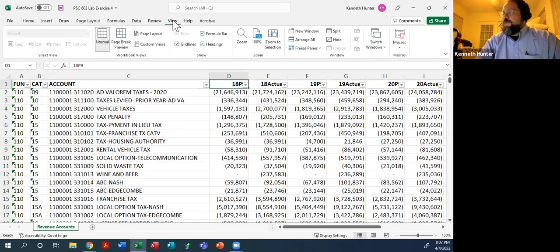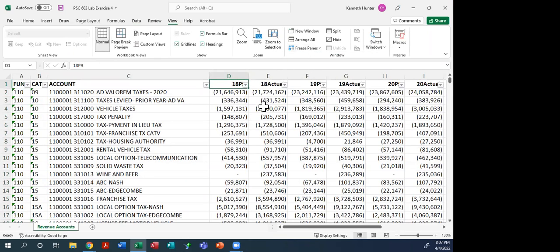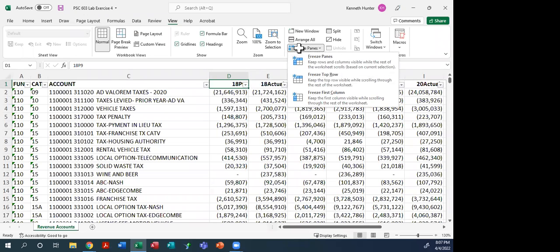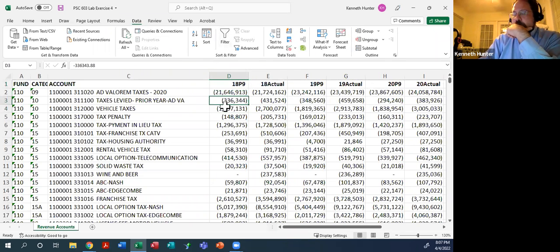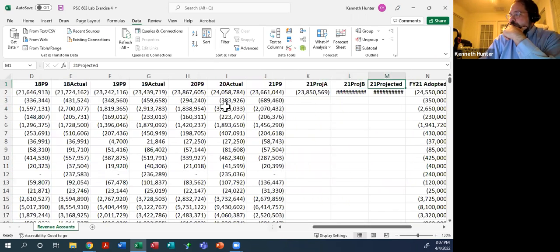Let me take the freezer off. Okay. Thank you. There you go. That good? Okay.